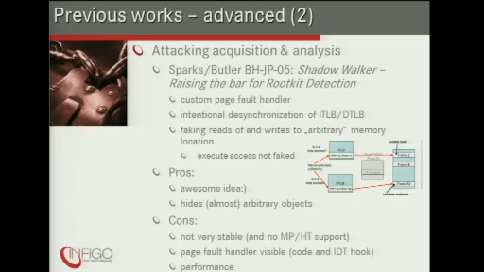By doing this, they actually made sure that every access to the memory location that's supposed to be hidden will cause a page fault, and their custom page fault handler will be called. In this custom page fault handler, they check whether the access to the memory location was read or write. If it was read or write, they simply disallow this access and redirect the caller to some arbitrary memory location.